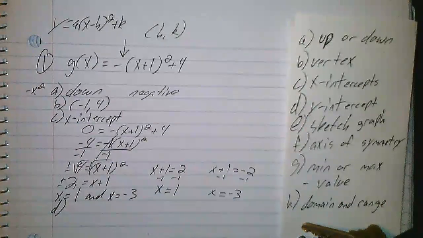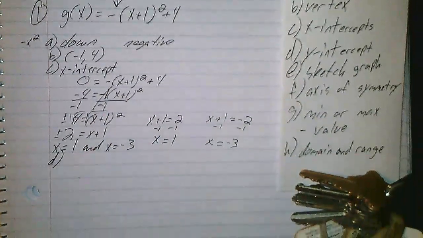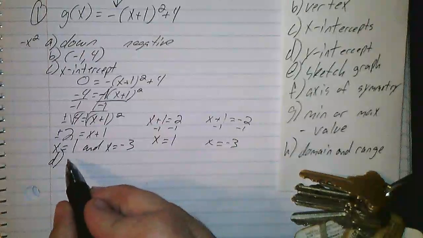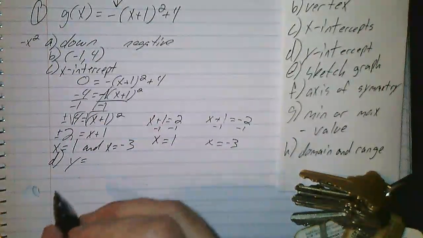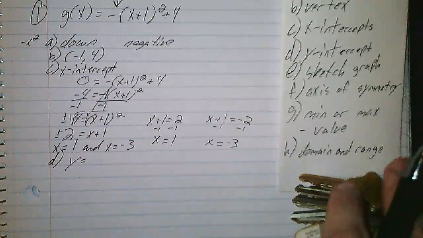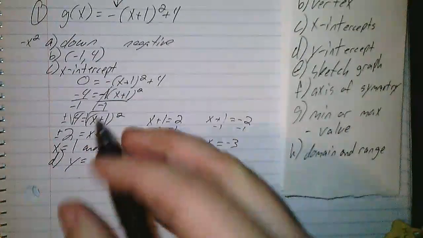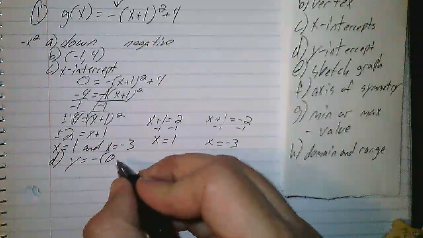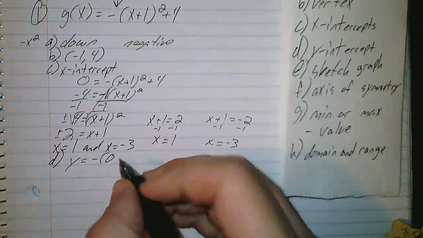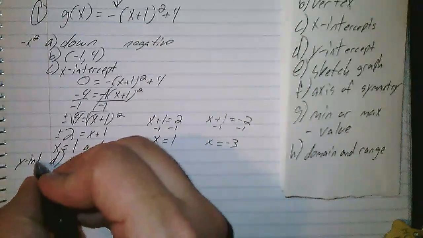For the y-intercept, we change g of x to y, and then plug in 0 for x, because that is the y-intercept.